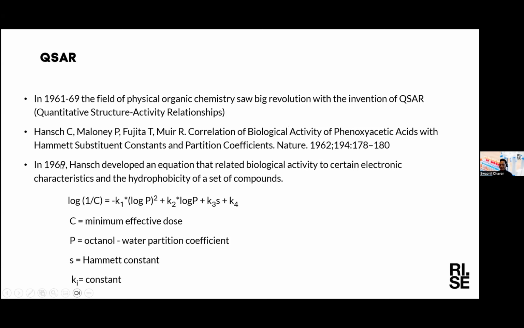Later on, in 1969, Hansch expressed this correlation of biological activity in the form of a mathematical expression, and this was known as the first QSAR model. With the advancement in computer hardware and software, this small mathematical expression is now transformed to a more complex form with more computational power in hand.